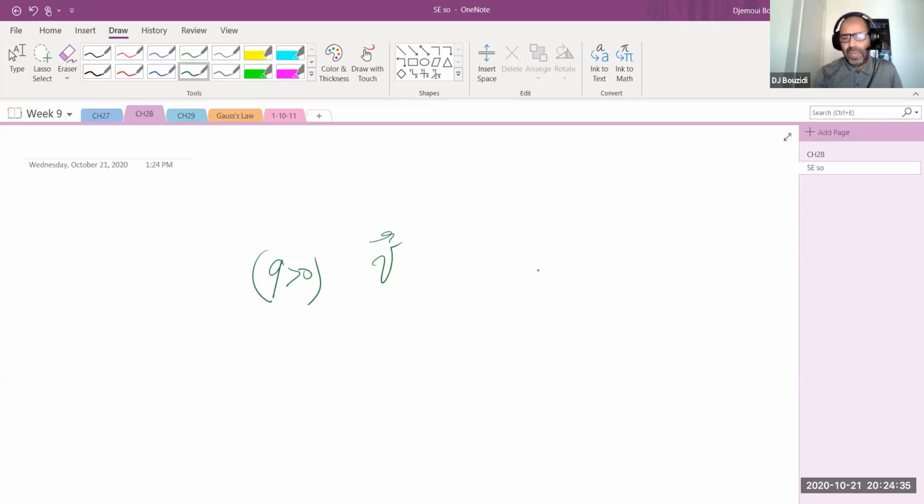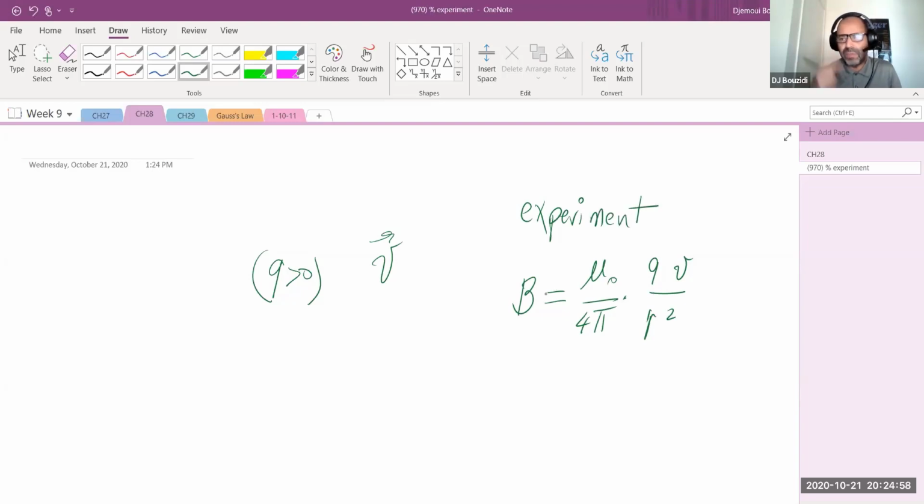So if it's moving, it's going to create a magnetic field, and that magnetic field is given experimentally by the following expression: mu naught over 4 pi times q times the velocity divided by the distance squared. So this is experiment. So don't ask me to prove this expression; it is based on observation, and this is how you can devise it.